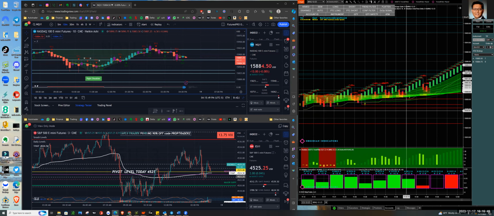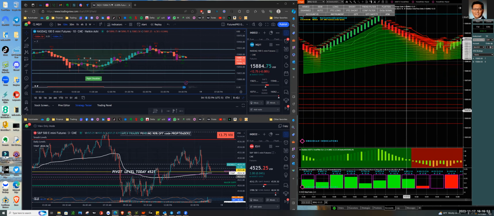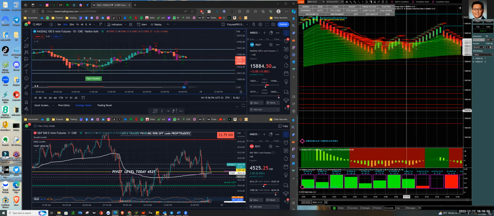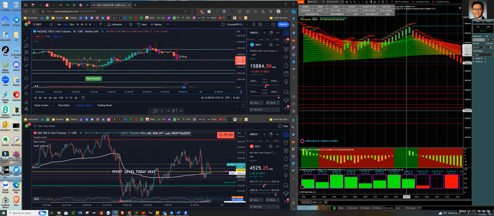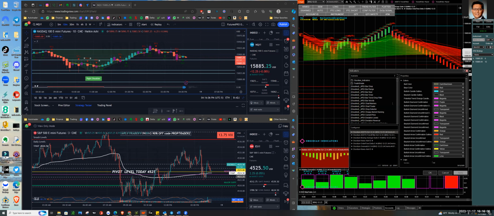So what I wanted to do today is cover every aspect of the suite and what it does for you. First and foremost, when you go to the indicators, whether it's just the ADDTS or the suite, everything comes into this folder and you'll have it all in here.